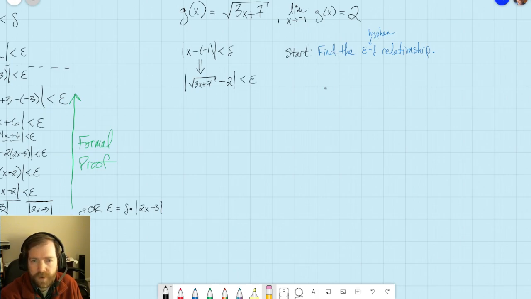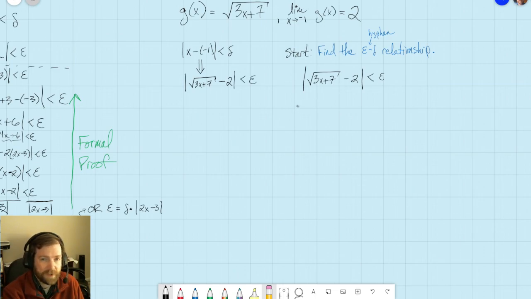So again, the way we start this is we say, okay, we know that the absolute value of the square root of 3x plus 7 minus 2 is going to be less than some arbitrary epsilon. Now, we need to show that we're going to be able to get something useful out of this. So, here's the thing.